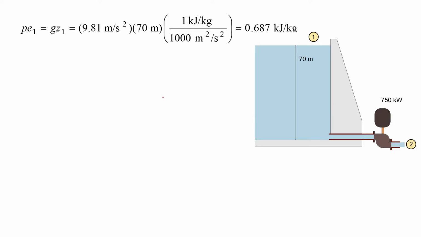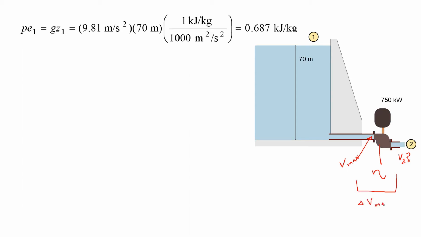Now the question does not specify the exit velocity of the water from the turbine. In this case, we have to assume that the turbine is operating at the highest efficiency. If the turbine is designed to be the most efficient design, the exit velocity of the water should be negligible because the turbine has extracted most of the available energy from the fluid flow.